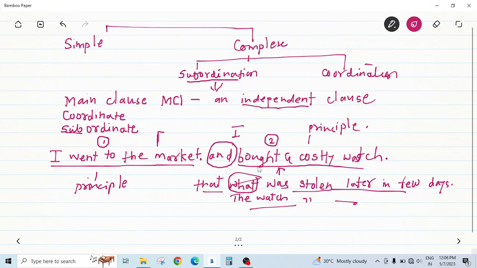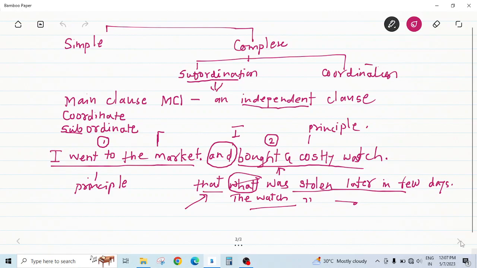Now what we have to remember here is the process of subordination. While a coordinate clause is joined with another clause, they are both of equal rank and status, you know that. A subordinate clause, as I told you, comes always as a part of another clause.